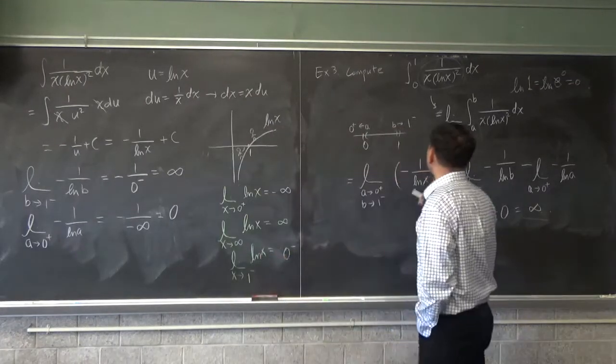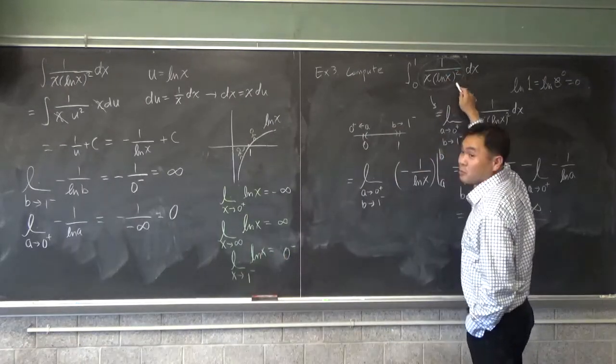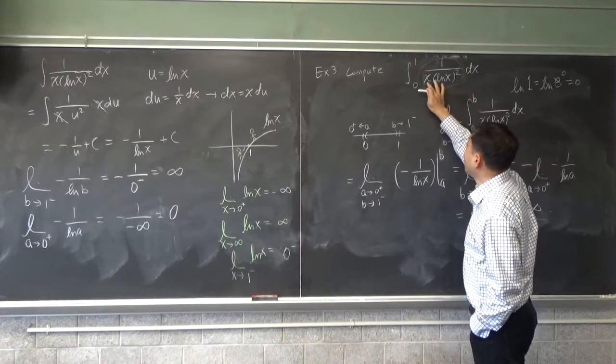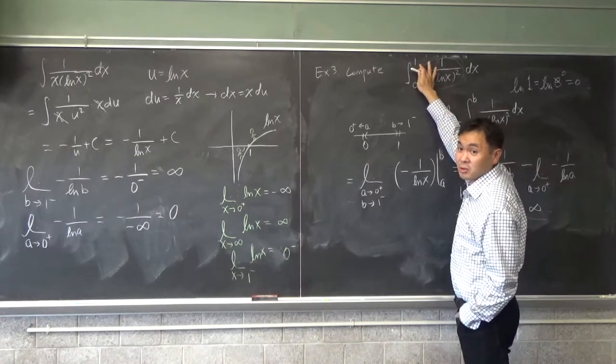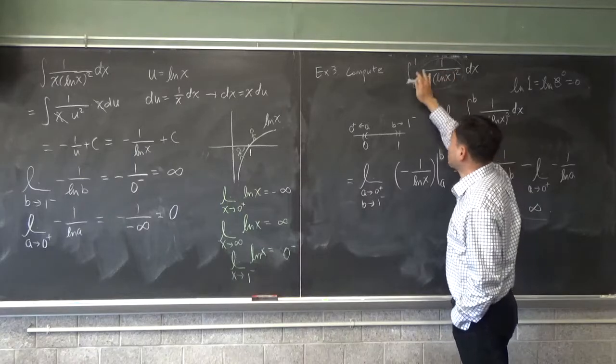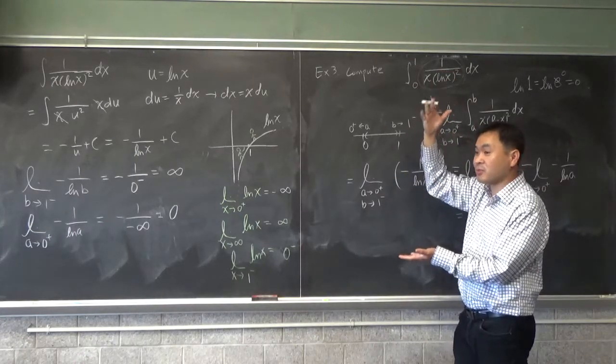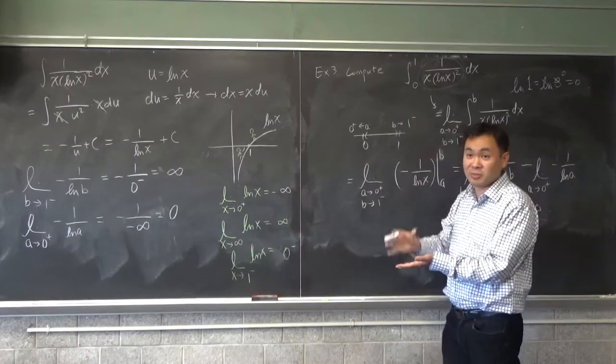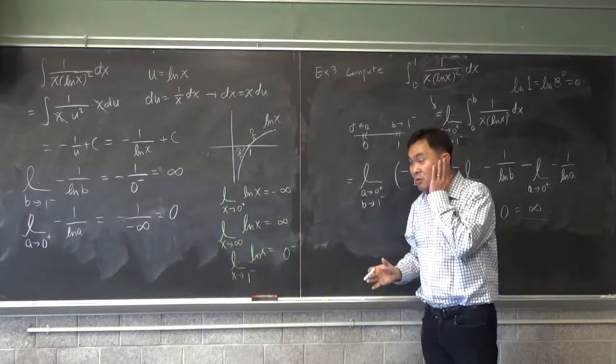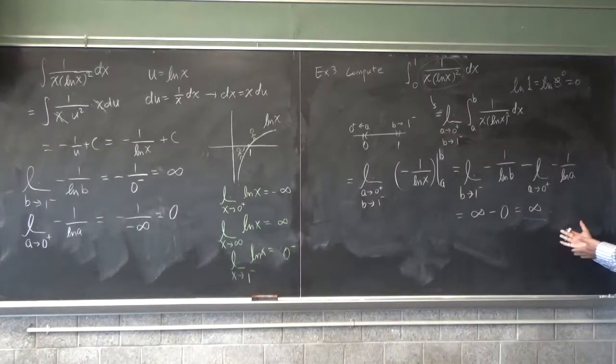That's because when something's squared, it's positive, right? Also, x would be positive from 0 to 1. So you're integrating over an interval something that's above the x-axis. Therefore, if it's infinity, it must be the positive infinity. It can't be the negative infinity. So that does say something. Not much, but something.